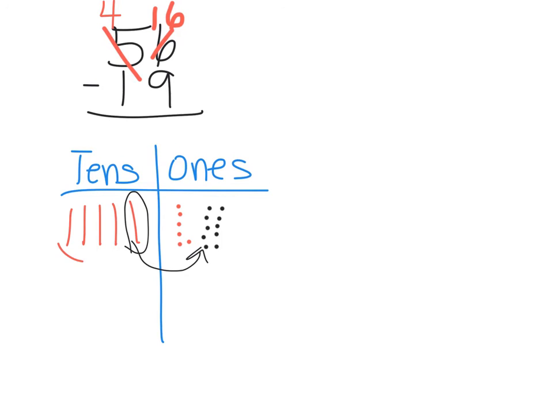So now we have 4 tens, 16 ones, and that's what we wrote down right here. Now we can look. Can we subtract the ones? Yes, we can, because now we have 16. We had to take away the 9, and that's what it says right here. So let's go ahead and take away the 9 ones.